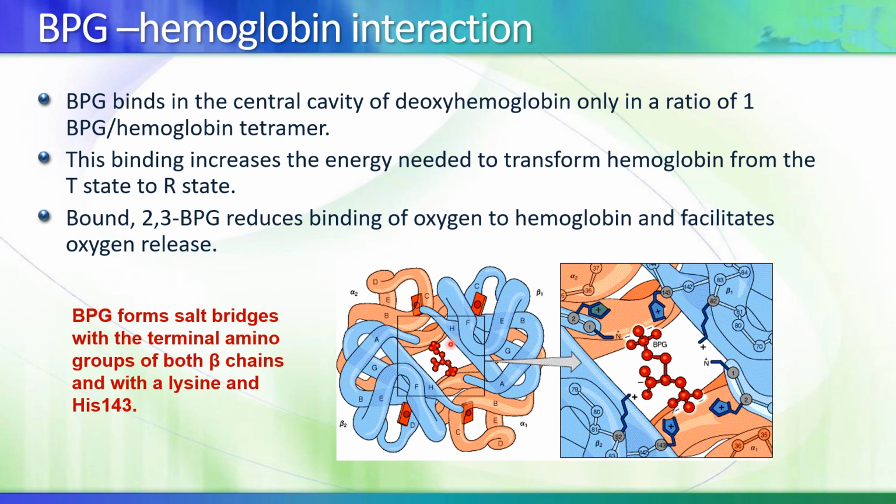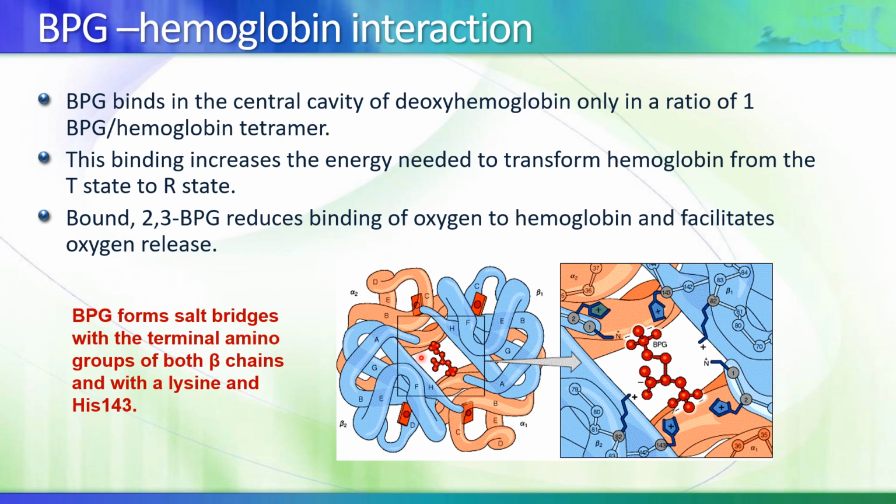So it's almost like the hemoglobin molecule wants to rotate. The polypeptides want to rotate around the axis, and bisphosphoglycerate blocks the rotation of the hemoglobin molecule, converting the hemoglobin molecule from the T state to the R state.